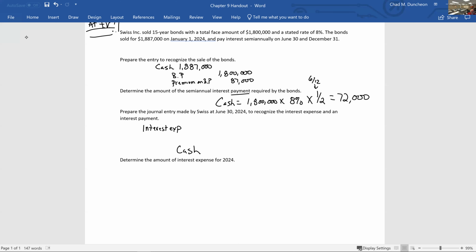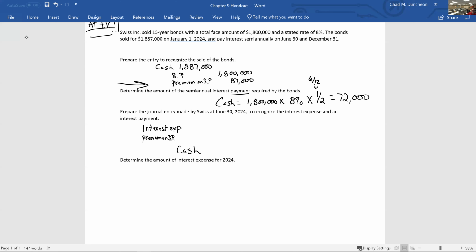In this case, we have a premium. So we need to amortize that premium off. You can see when we first did it up here, we put it as a credit. So to make it go away, we need to put it as a debit. So we're going to do a premium on bonds payable as a debit also. Those are our 3 accounts.